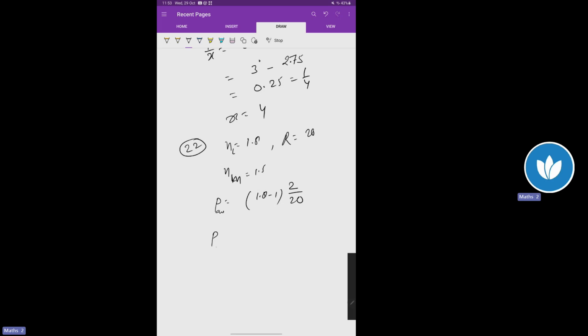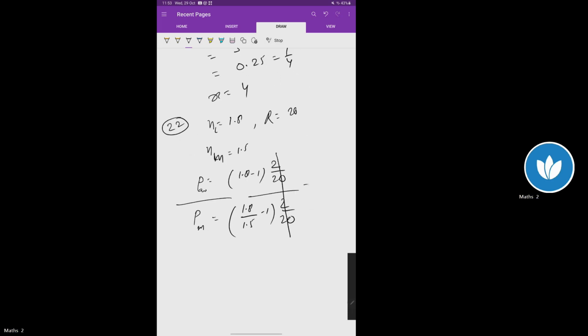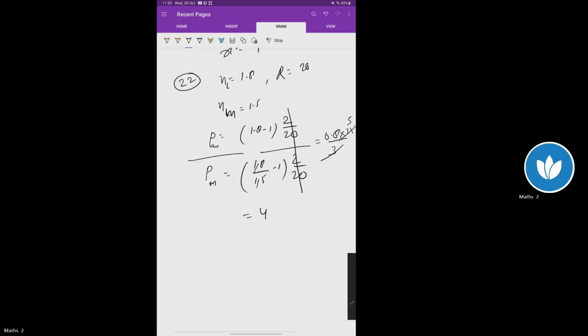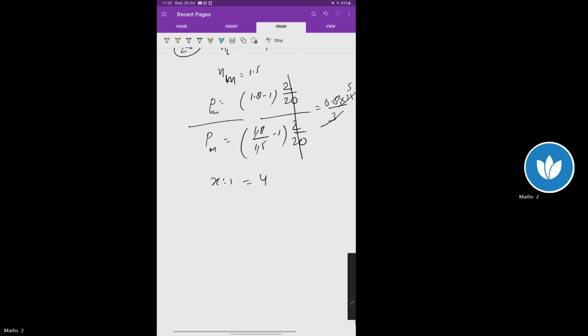Upon liquid or medium it is (n lens upon n medium minus 1) into 2 by R. 0.8 divided by 3 by 15 gives 4. This is x ratio 1 is 4, so x is 4.